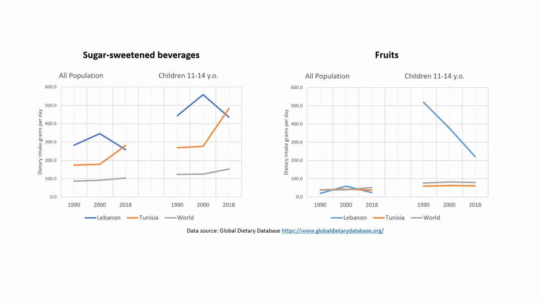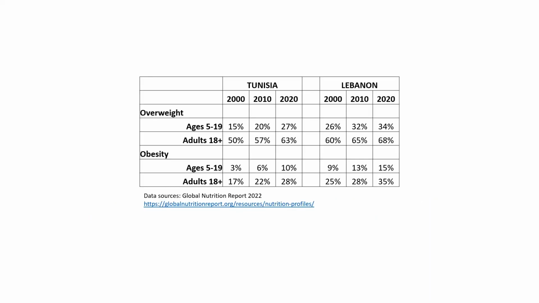And you can see the increase in Tunisia for children, the dietary intake of sugar-sweetened beverages skyrocketing in 2018, a dramatic increase. While in Lebanon, it has increased and then declined, probably due to the economic situation, but still it's much higher than the world average consumption. It's still extremely high, specifically for children aged 11 to 14 years old.